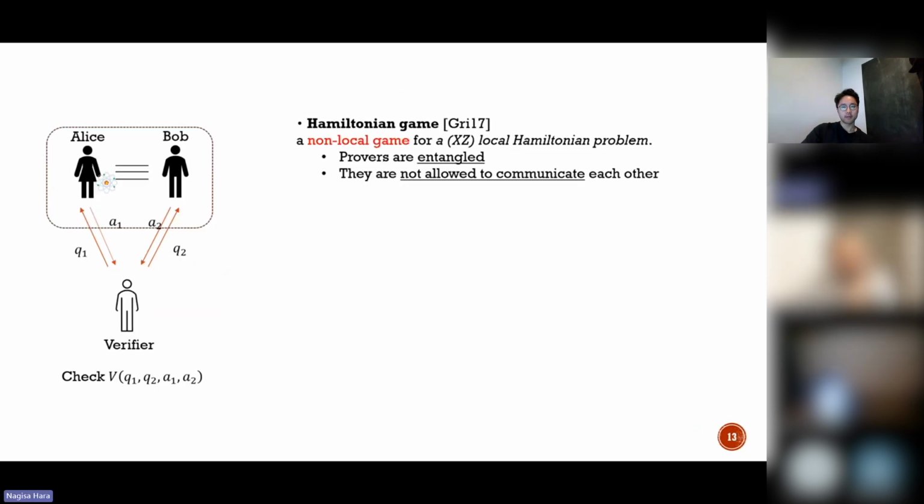Let me explain in more detail about the proof system, the Hamiltonian game. Again, the Hamiltonian game is a game for the XZ local Hamiltonian problem. Each Hamiltonian term is a tensor product of Pauli X and Z. Here, the provers are supposed to be entangled, and they are not allowed to communicate with each other during the protocol.